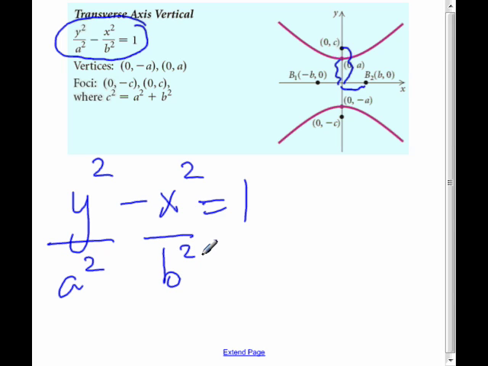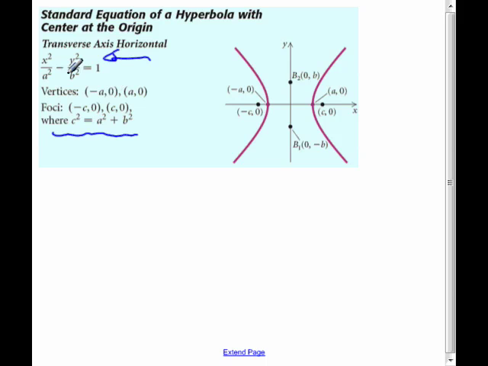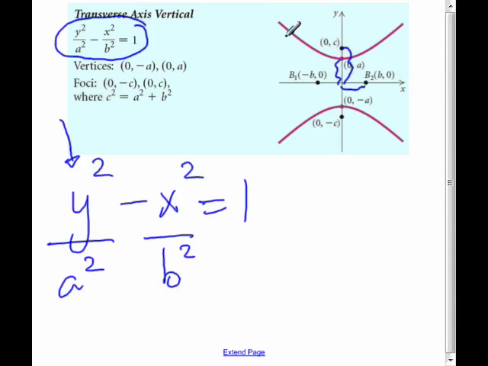And you've probably seen it already, that the y squared value comes first. Remember on the last one, x squared came first. In this one, if the hyperbola is oriented the other way, y squared comes first.